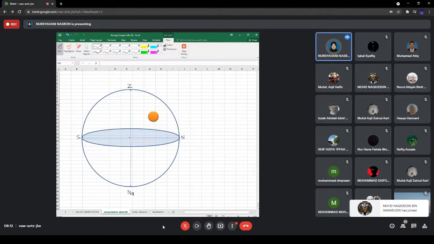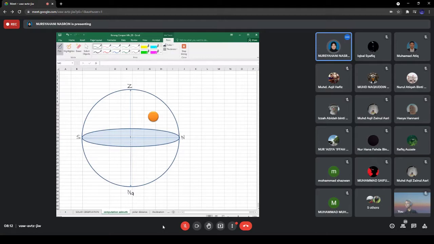If we refer to the definitions of topocentric and geocentric, they have different origins. The origin for topocentric is the observer position, observer location, and the origin of the celestial sphere for geocentric is the center of the earth.